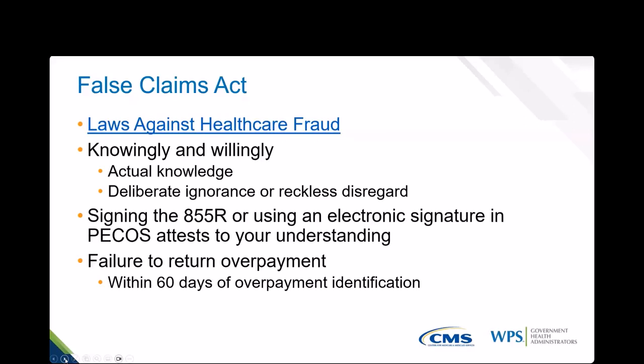Now, especially given the fact that you need to go back at least 4 years in order to do this self-audit, you may want to consider refunding overpayments back to us on an ongoing basis, rather than identifying all of them first and then refunding them all back at the same time. You have 60 days from the date that you identified that there is an overpayment.